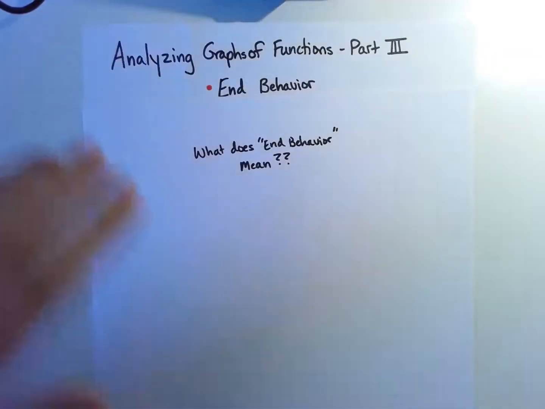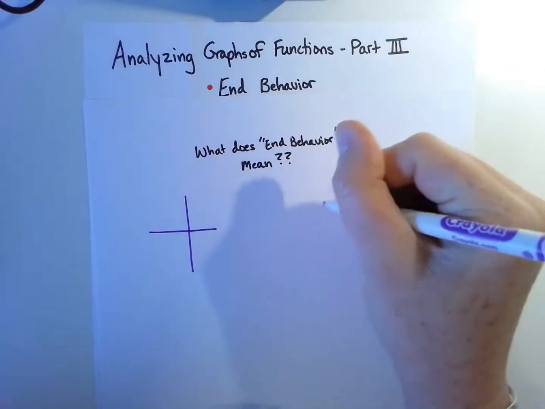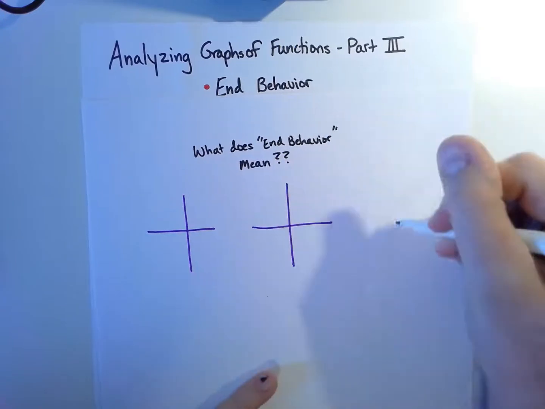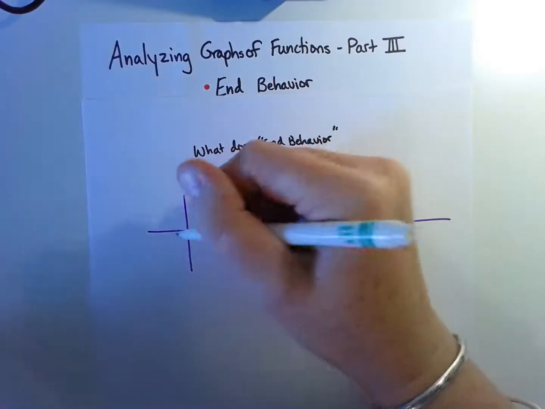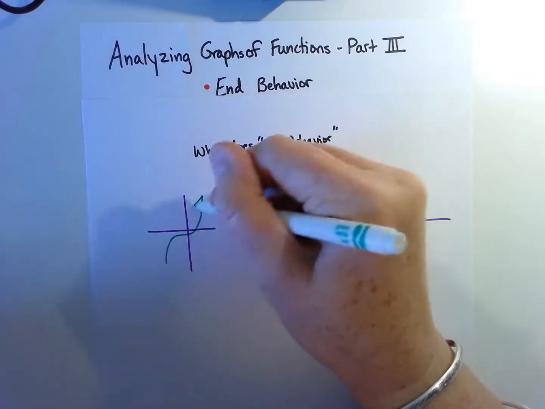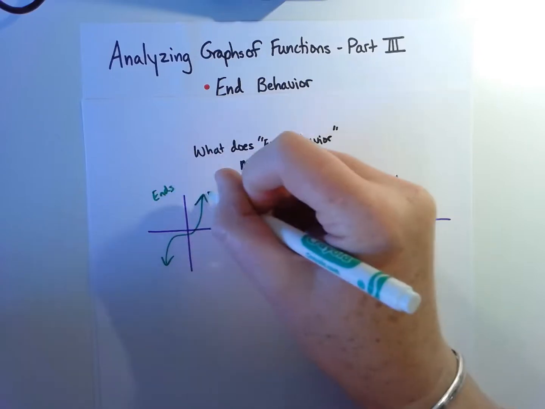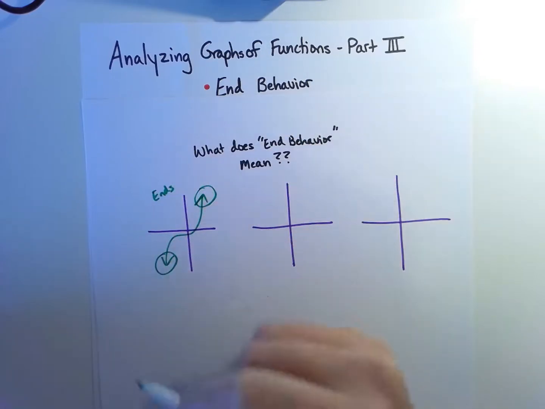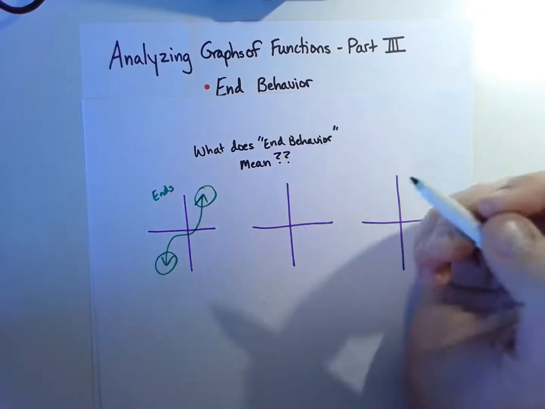Let me just draw you a few examples of graphs really quick. Let's say I have a graph of a cubic function. The ends of your graph are literally these ends. We're going to talk about what those are doing, where they're headed, and in what direction.